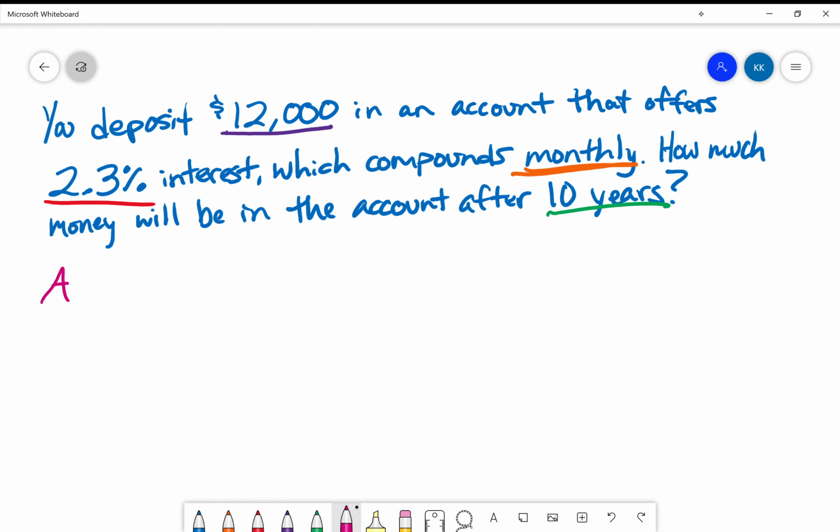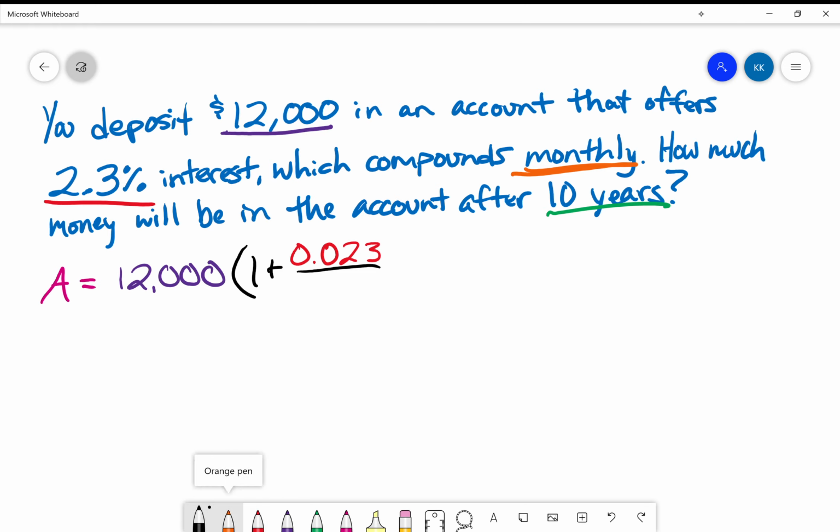A equals, go a little bit faster this time, 12,000 times 1 plus 2.3 divided by 100, which is 0.023, divided by 12, since it's compounded 12 times. That's being raised to the power of 12 times 10 years.